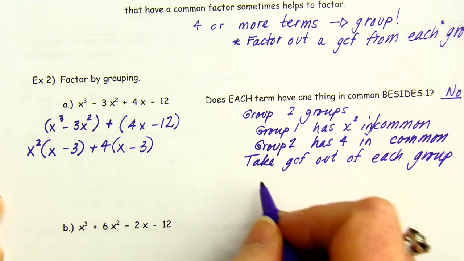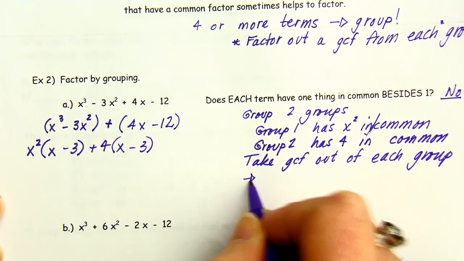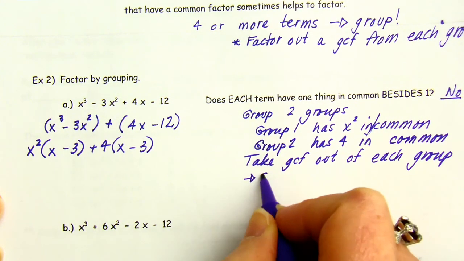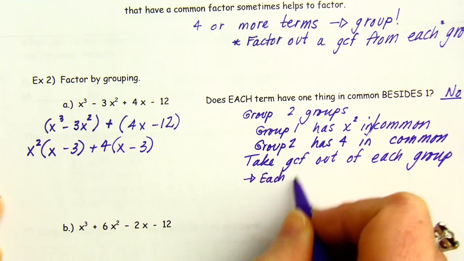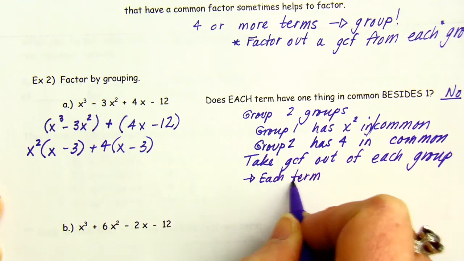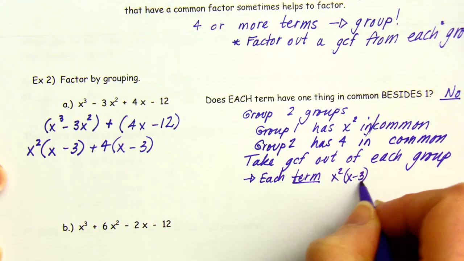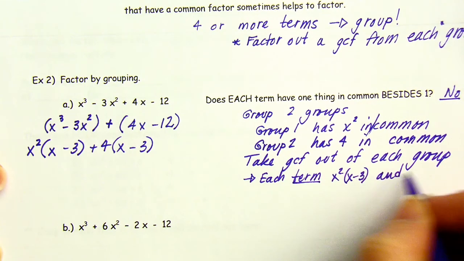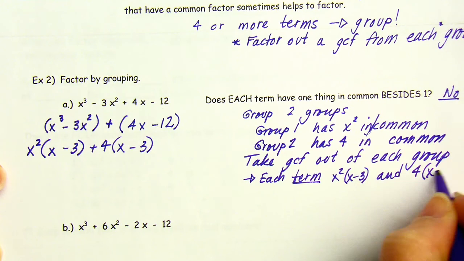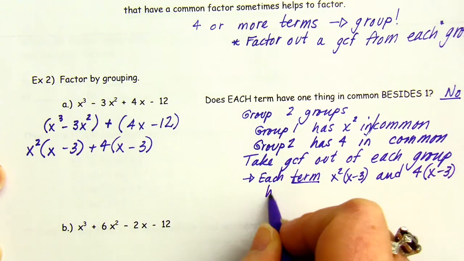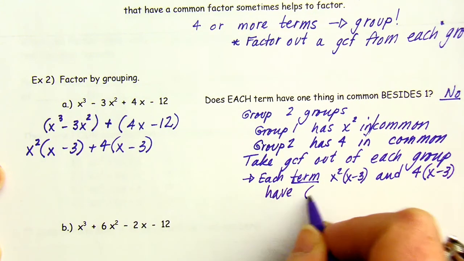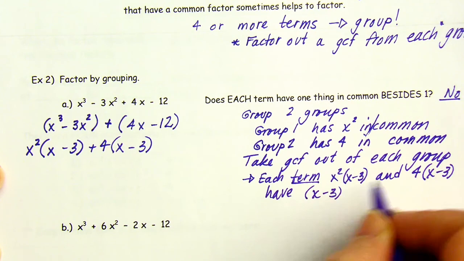Okay, so now we're looking at each term, meaning the x squared times the x minus 3 and the 4 times the x minus 3 have quantity x minus 3 in common.